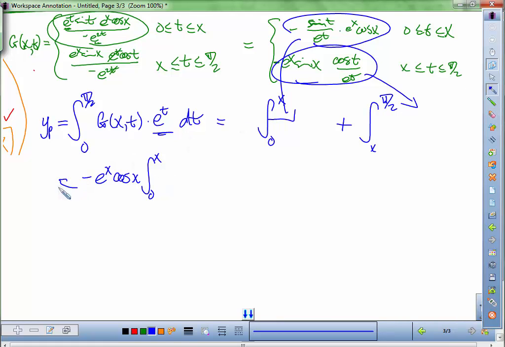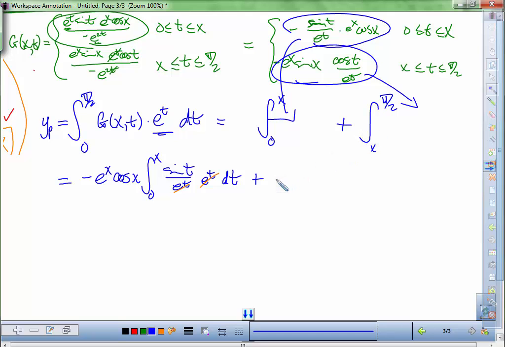So minus sign, e to the x cosine x is gone, so I have sine t over e to the t, but then I also have to multiply by f of t, which is e to the t. Oh, good, they cancel. All right, that's not so bad. We can do this in our heads, but we'll do it in our next step.